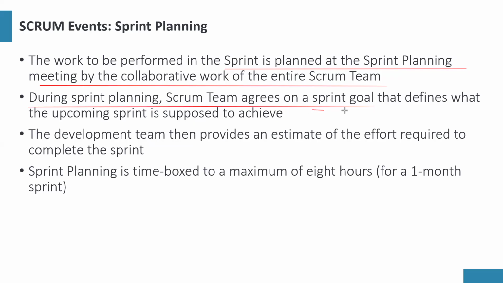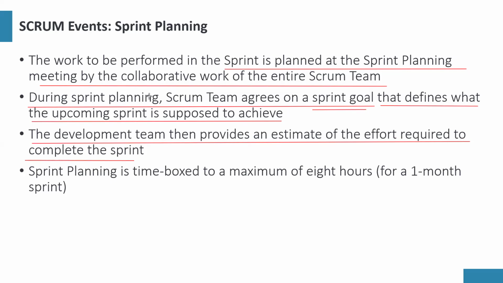Remember what I said about sprint goal? What are we going to achieve in the sprint? That defines what the upcoming sprint is supposed to achieve. The development team then provides an estimate of the effort required to complete the sprint. So it is during sprint planning that we also determine the estimate of effort.